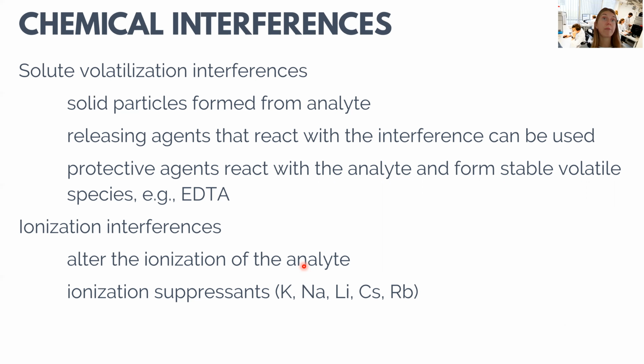To overcome this effect, there is a possibility of adding releasing agents. So these are other metal salts that can be added to the sample, but these then preferentially react with these anions and therefore release our analyte from the interference. Or another possibility is to use protective agents.